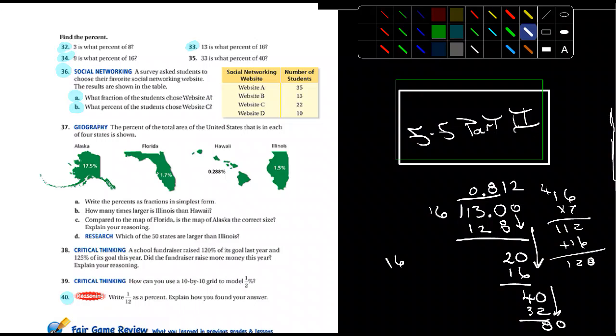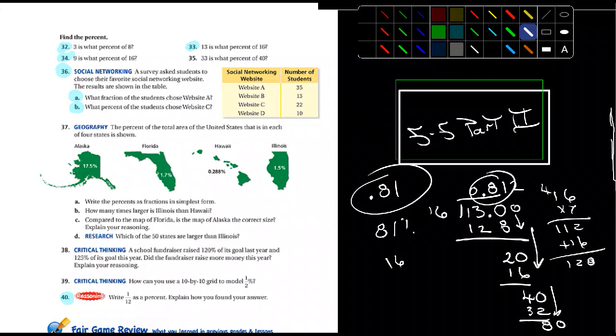So what have we got? 13 is what percent of 16? I'm happy if you just carry it a couple decimal places. So we could just say it's 0.81. Well, what's 0.81 as a percent? 81%.